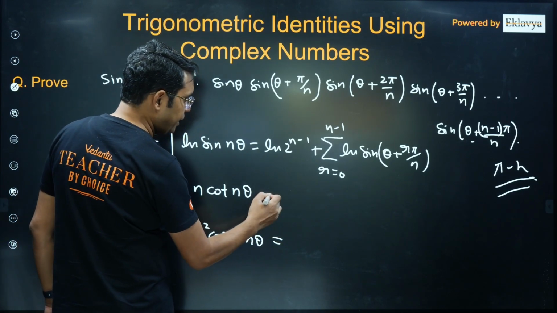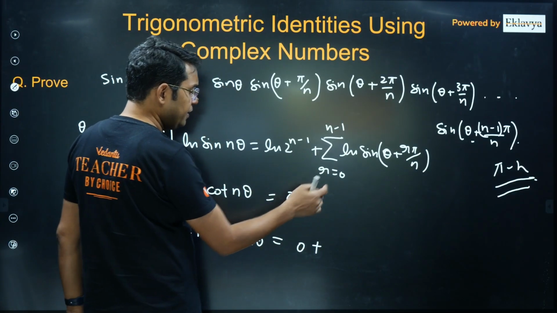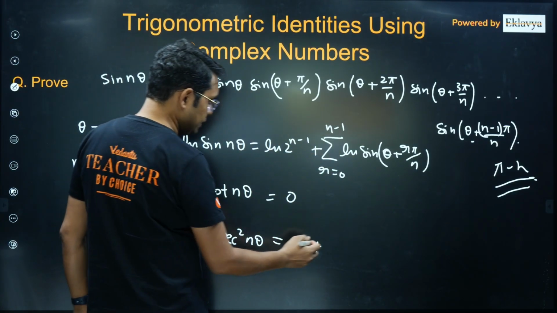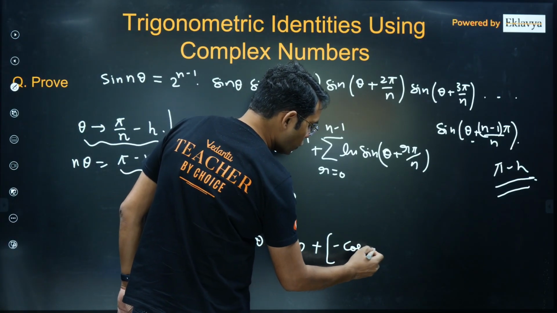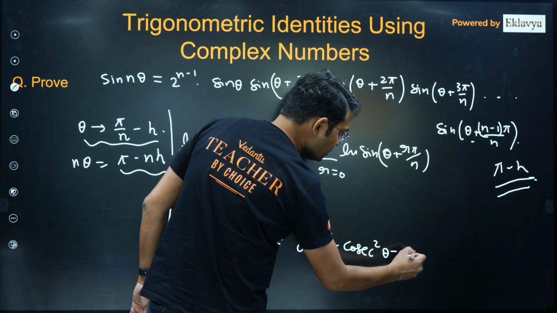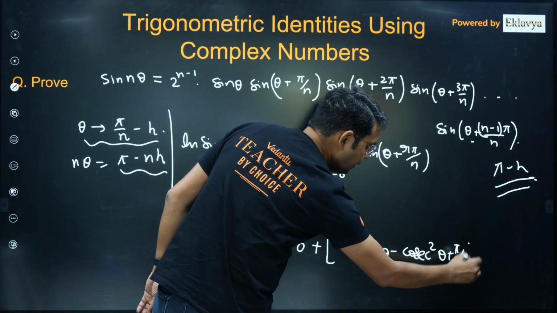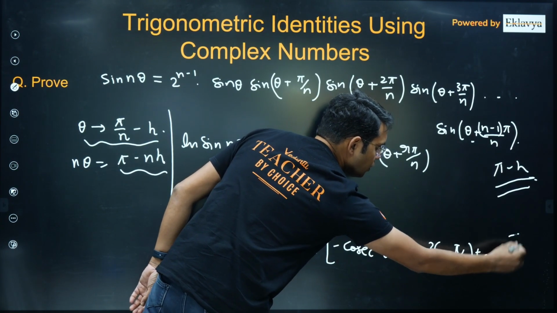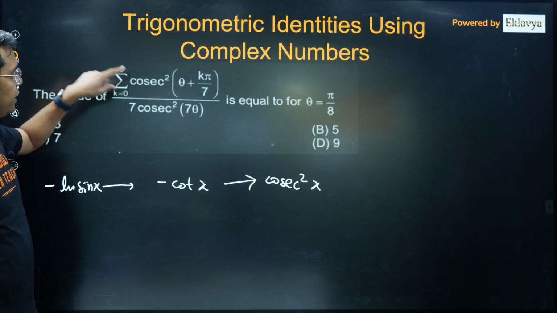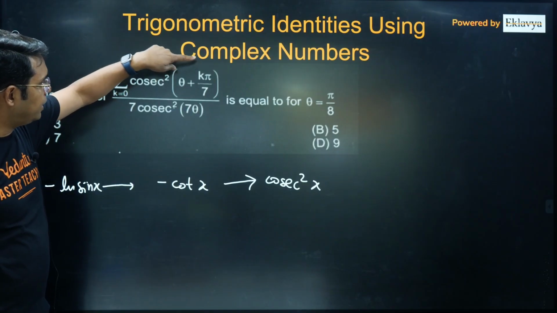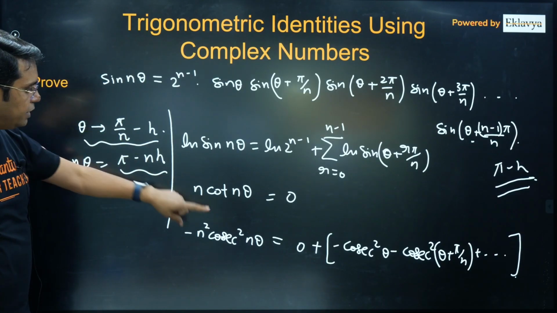So what we are getting, the differentiation of the constant will be 0. The differentiation of the other side, just the minus sign will be outside, I think. So cosecant square theta minus cosecant square theta plus pi by n and so on. Now you can see this question, cosecant square theta plus k pi by 7, where k is varying from 0 to 6, is ditto the same thing.